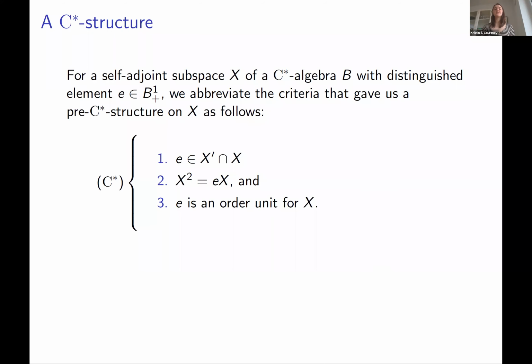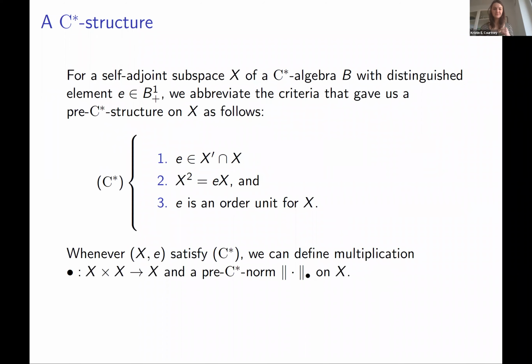Given a self-adjoint subspace X of a C-star algebra B with a distinguished positive contraction E in B, we abbreviate the criteria that gave us the pre-C-star structure on X with the term (C-star).